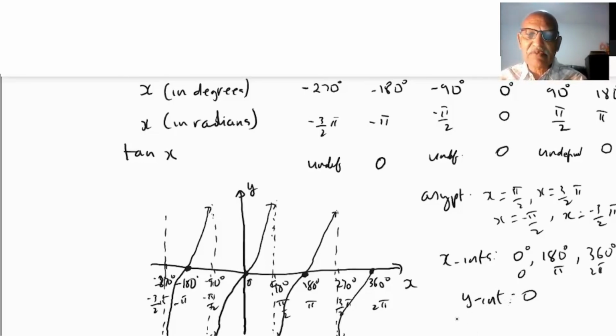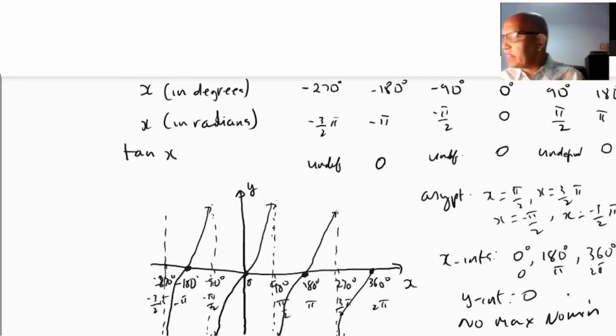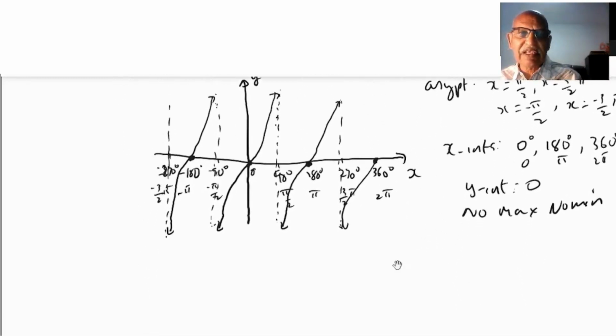Do we have maximum, minimum? No maximum, no minimum for the tan graph because it goes forever. Okay, let's see the period, an important one.